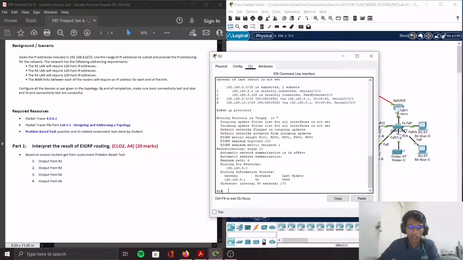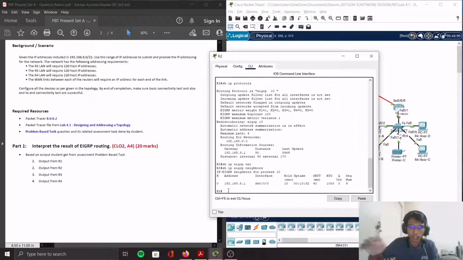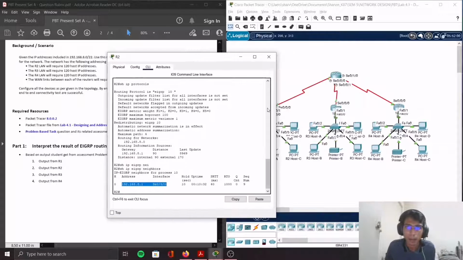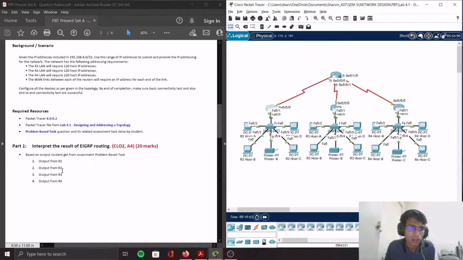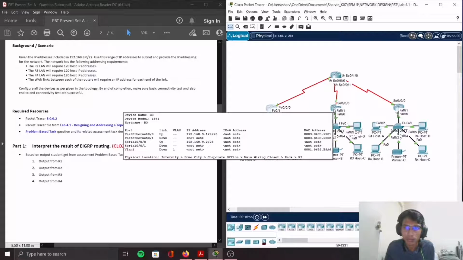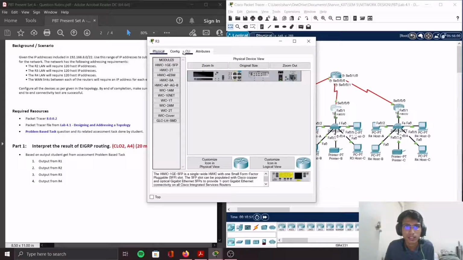You can also see clearly where the information comes from by giving the show IP EIGRP neighbor command, which shows the IP address and the interfaces. Okay, that's all for the output from R2.